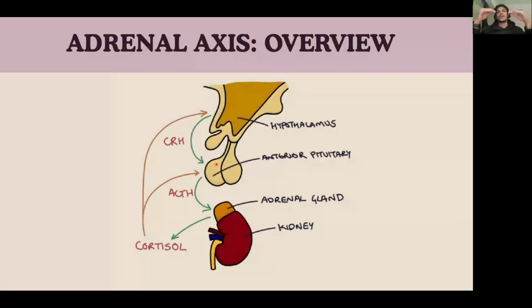Once you have ACTH, that stimulates the adrenal gland to produce cortisol. So it's sort of a 3-step pathway, and it's quite important to have that very clear: CRH, ACTH, and then cortisol.